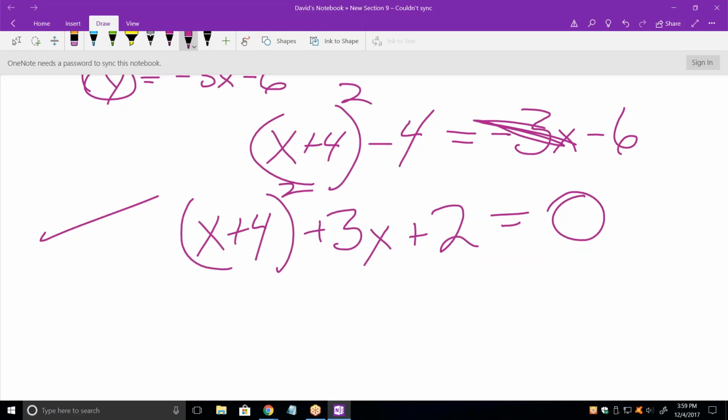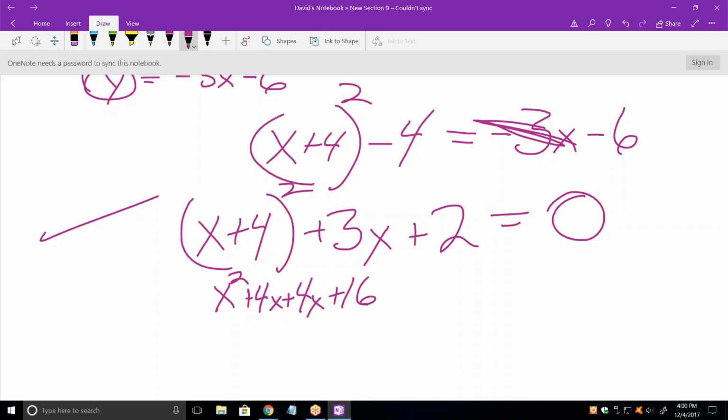What do you get? So x squared, and then 4x plus 4x, plus 4x. I got both 4x's in there. And then 16.